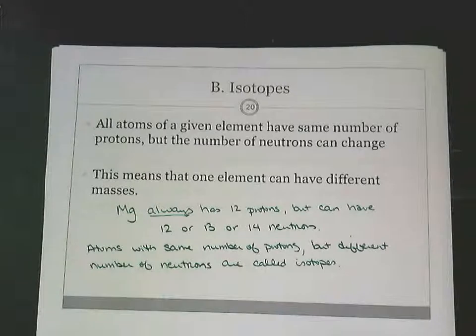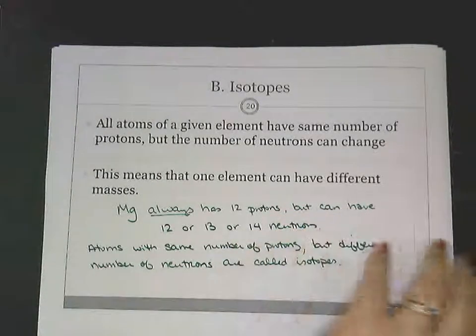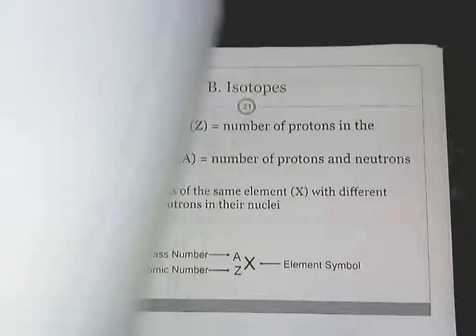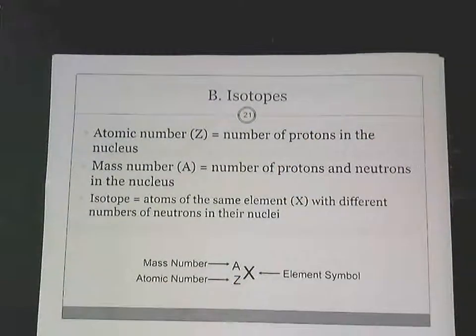So how do we use this knowledge of isotopes, protons, neutrons, and electrons to figure out these masses on the periodic table? We look at the atomic number, which is the number of protons, the mass number, which on this particular periodic table is surprisingly small. They put very small numbers.